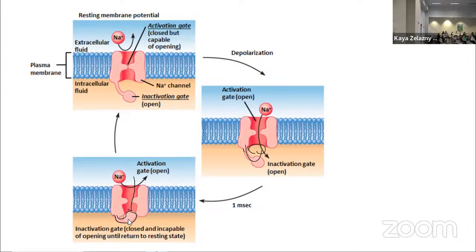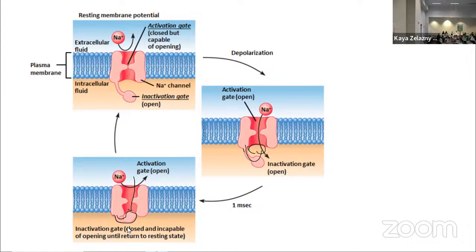And what happens to be true about the inactivation gate is that it also has its own kind of time delay. So for a certain period of time, once those inactivation gates are closed, think of them as kind of paralyzed, right? So they're going to be incapable of opening back up. They're going to be stuck closed, paralyzed closed, jammed closed in the sodium channel until we get back to the resting membrane potential. So they're going to be jammed in there until we get back to rest.